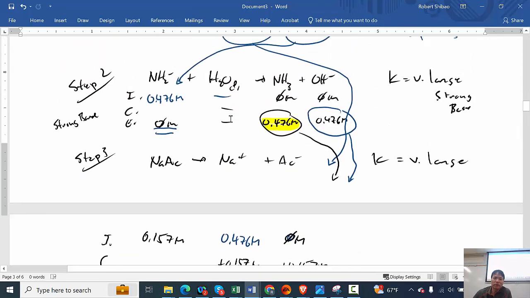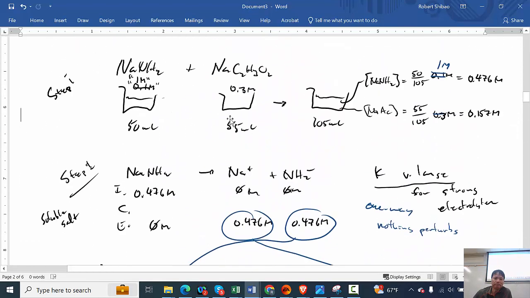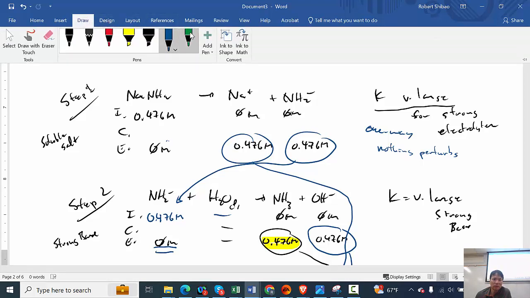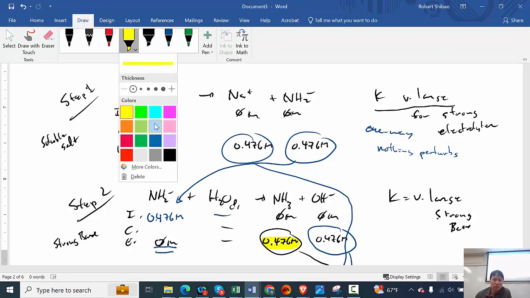And so what we have to do is figure out what the totals are. And so the concentration of sodium amide ends up at 0. And so we'll do the totals here. So let me change this color.